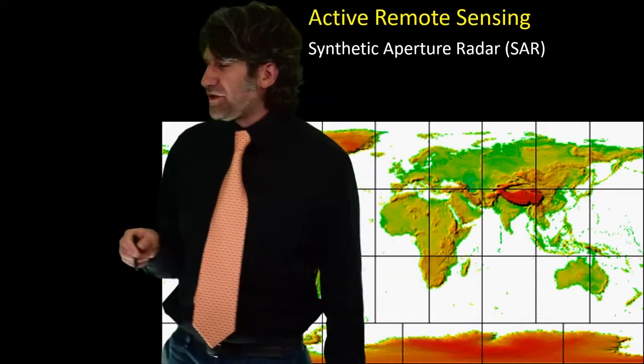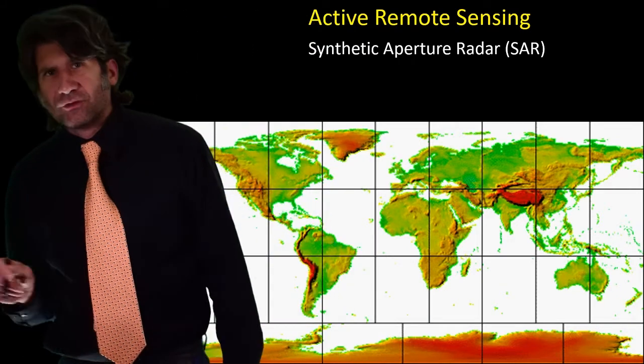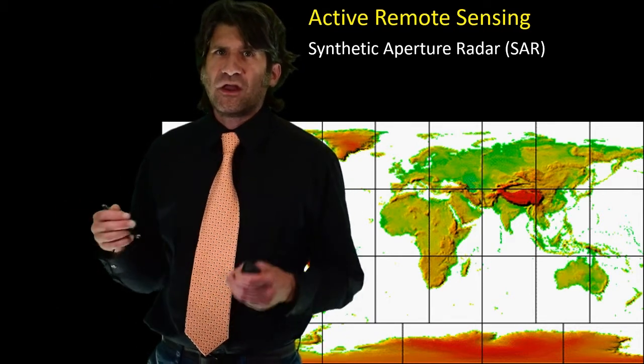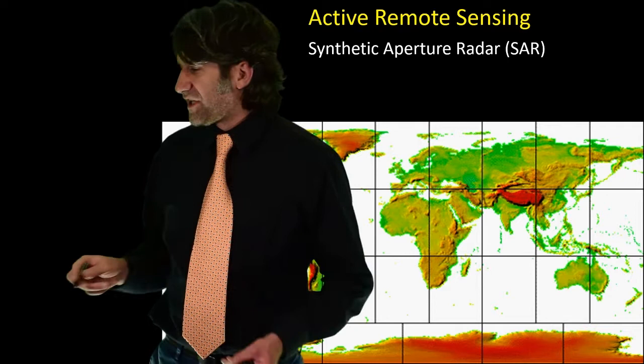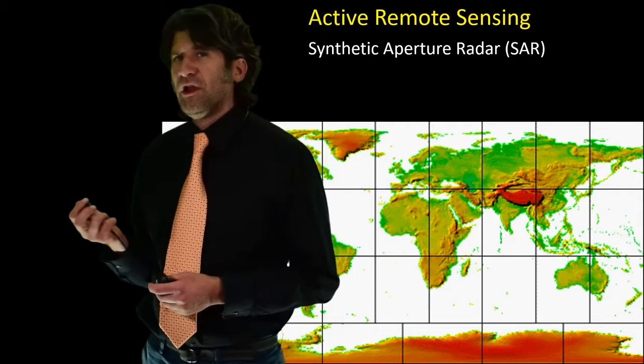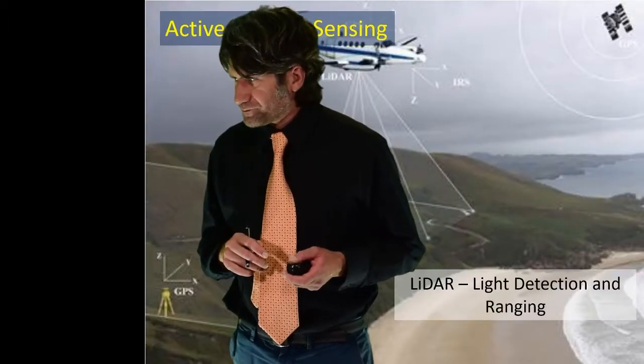I mention this because these SAR systems are really important. The Shuttle Radar Topography Mission, SRTM, was one of the first SAR systems deployed in space, which gave us our first ever global digital elevation model, knowing elevations across the globe from the same system with a very high degree of accuracy. So I just wanted to mention these SAR systems.